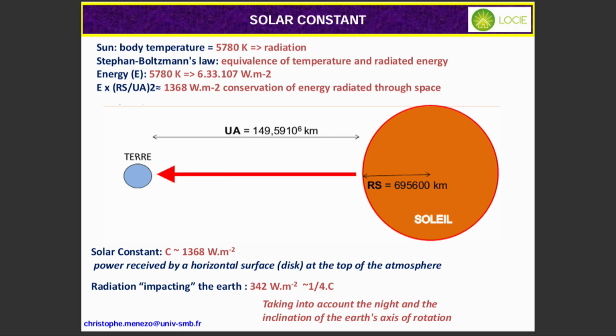Yesterday my colleague also dealt with the solar constant. Out of the atmosphere, he demonstrated that it was 1,368 watts per square meter, and we assume that the radiation impacting the Earth is around 25% of this, so around 342 watts per square meter on average. It also considers, of course, the night on one side.